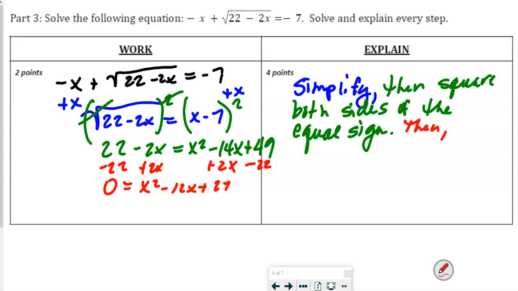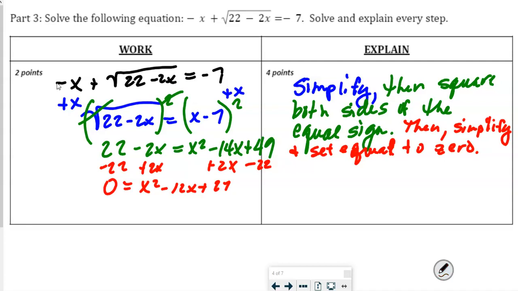Then simplify and set equal to, wow, I cannot spell today, y'all, to 0. Then what do we have to do? Then we have to factor, don't we, y'all?